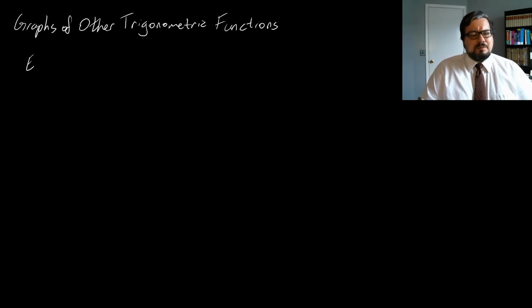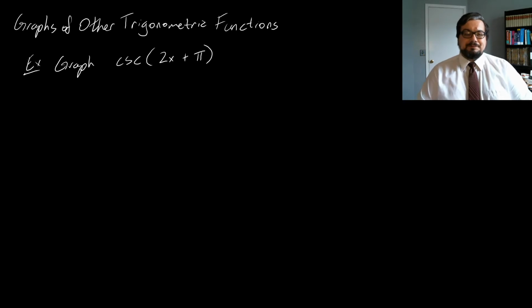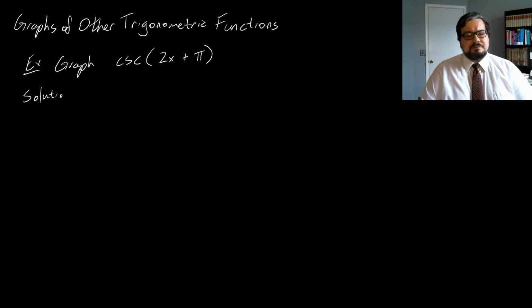So, for example, let's look at graphing the function cosecant of 2x plus pi. To do this, we're going to use the following.